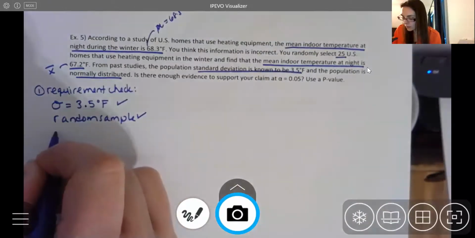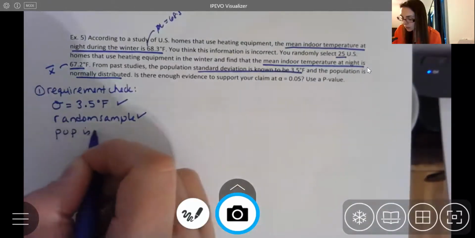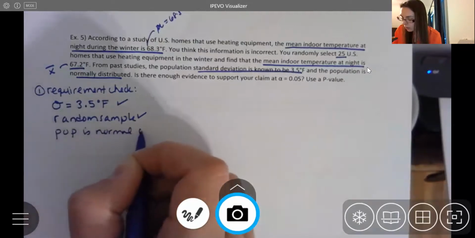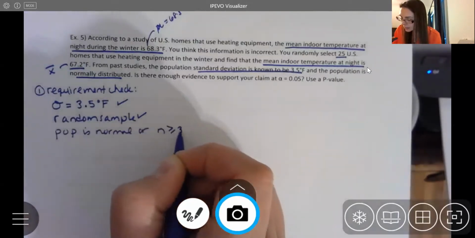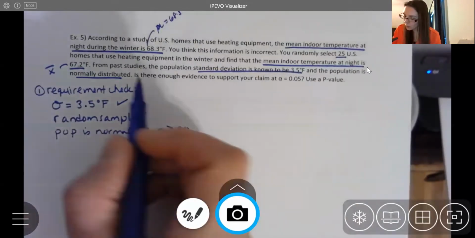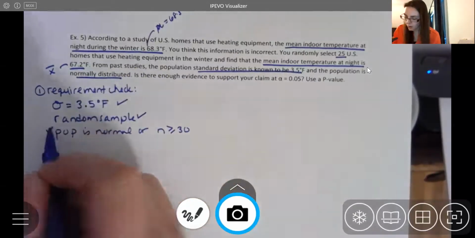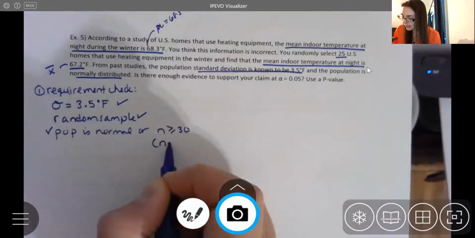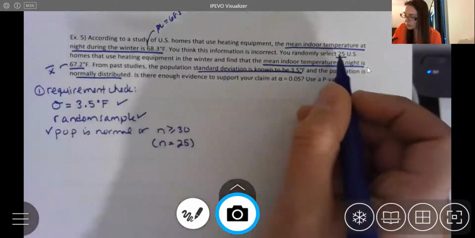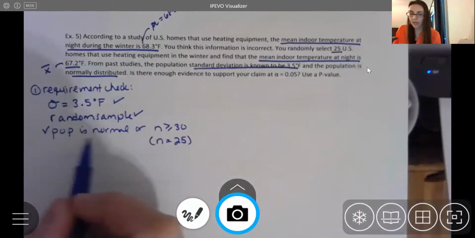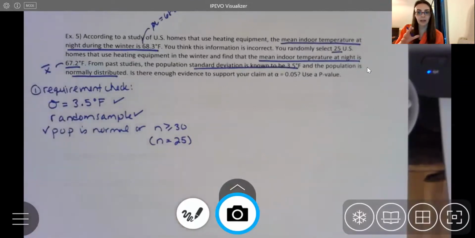And then we have to make sure either our population is normal or our sample size is at least 30. We are told that from past studies, the population is normal. So I do know the population is normal, and that's good because my N here is only 25. But it's okay because I do have some prior data that shows the population is normal here.